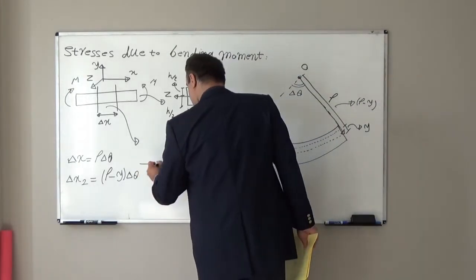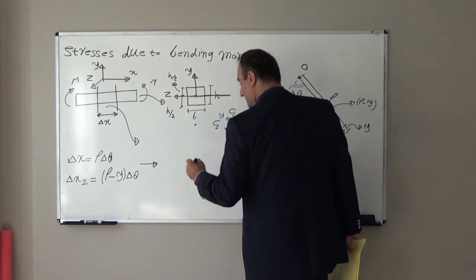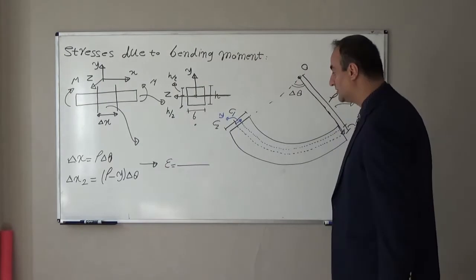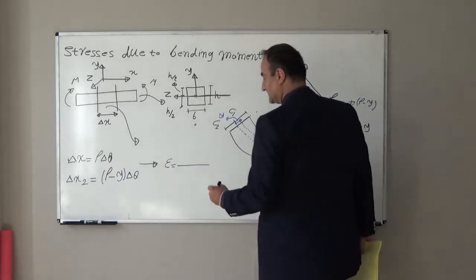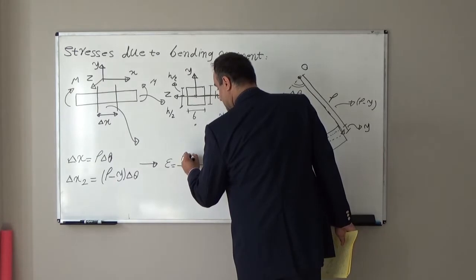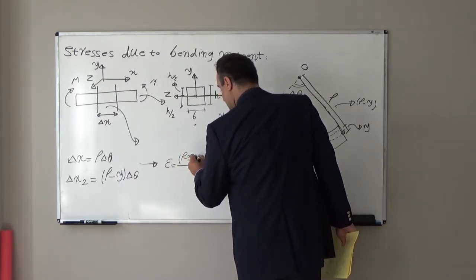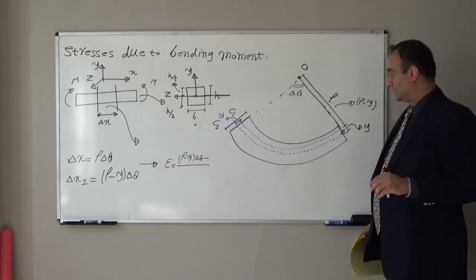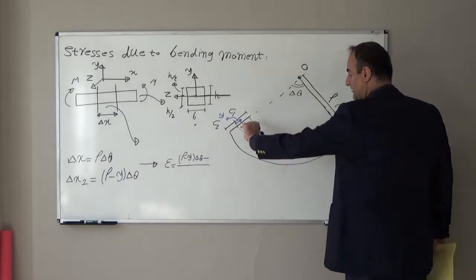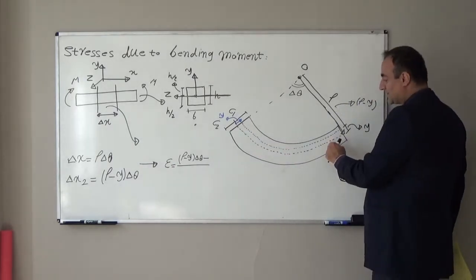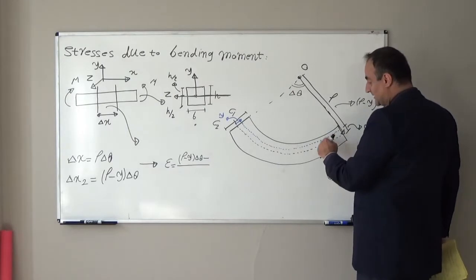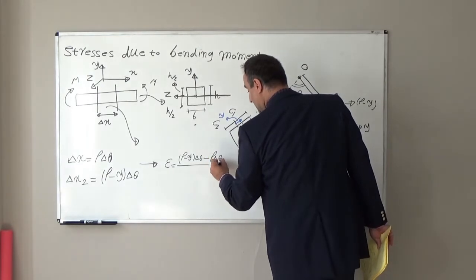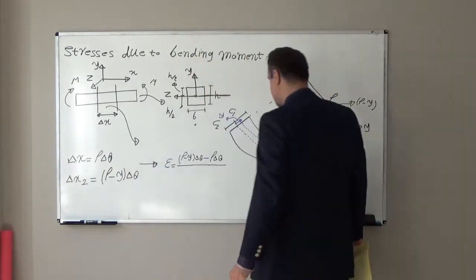Let's see now what the strain for this blue fiber is. The strain will be equal to the length after deformation, rho minus y times delta theta, minus the initial length, divided by the initial length. Once this beam was straight, these two fiber lengths were equal, so the initial length was rho delta theta, equal to delta x.